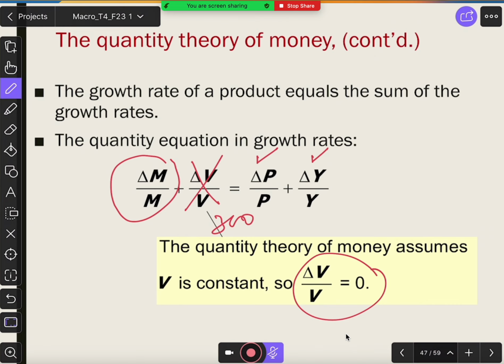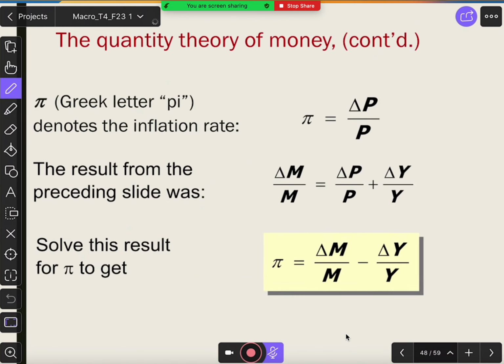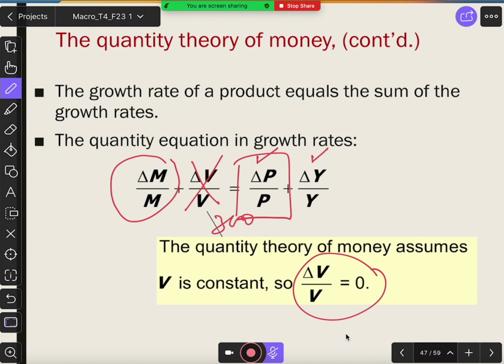So the percentage change in the money supply is equal to the percentage change in prices plus the percentage change in income.